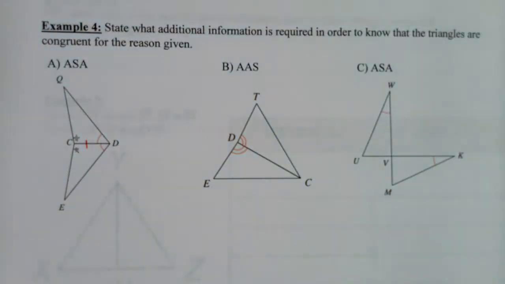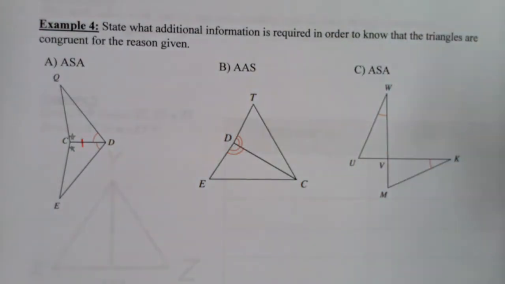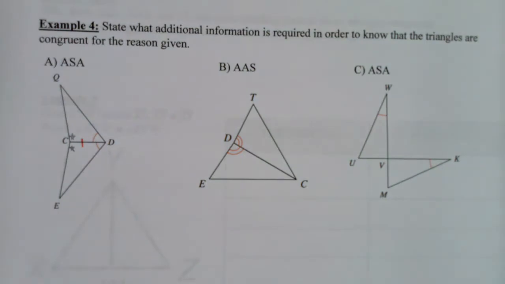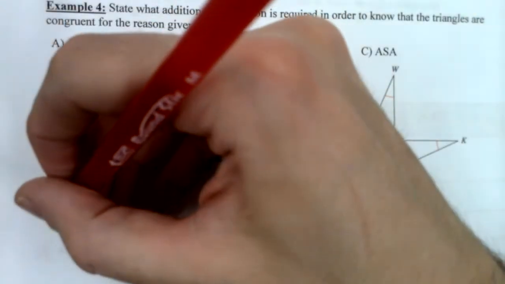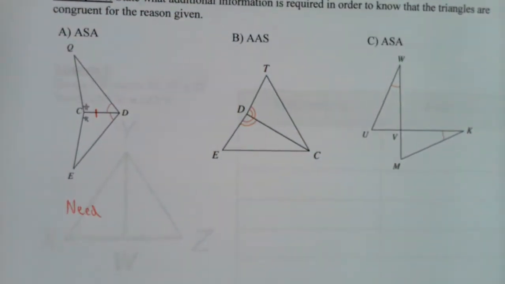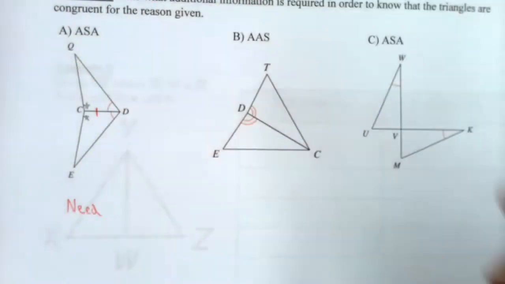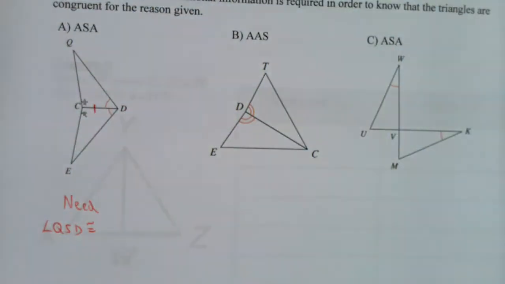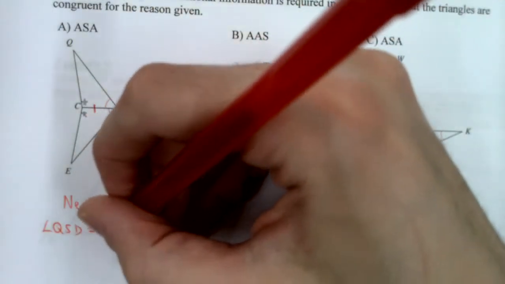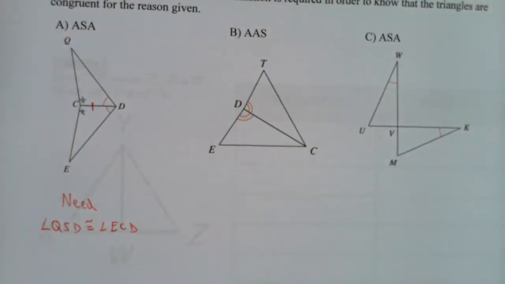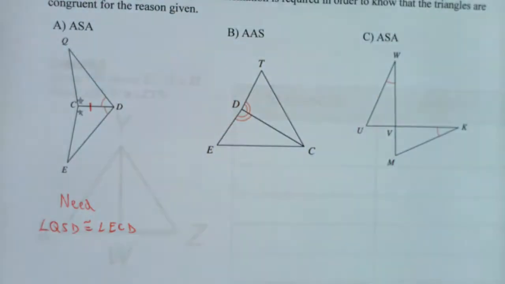If you have these two angles, then it would go angle, side, angle. So you need the starred angles being congruent. I'm going to name those with 3 letters: we need angle QSD congruent to angle ECD. If we knew that, then we'd have enough for angle, side, angle, because we know this side is congruent to itself.